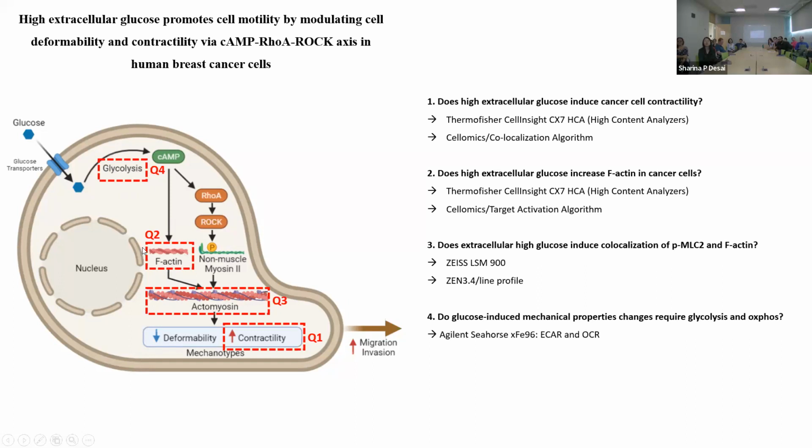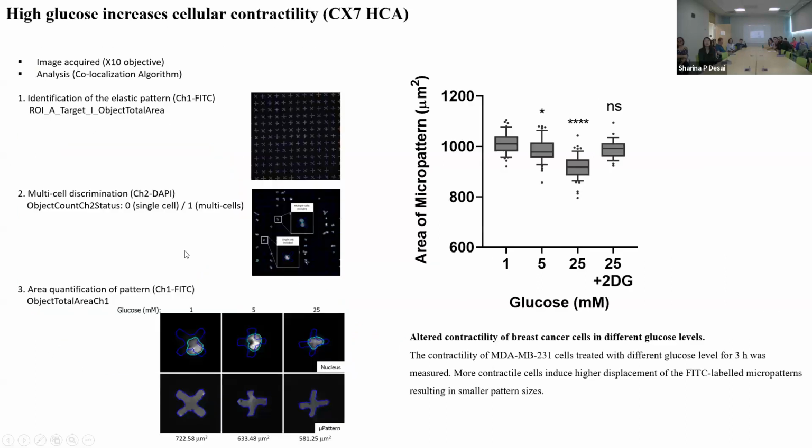Today I'm going to share not only the CX7 but also other genetic programs I researched. First, the first question was whether high extracellular glucose induced cell contractility. Contractility means I use flexibility in the negative component.